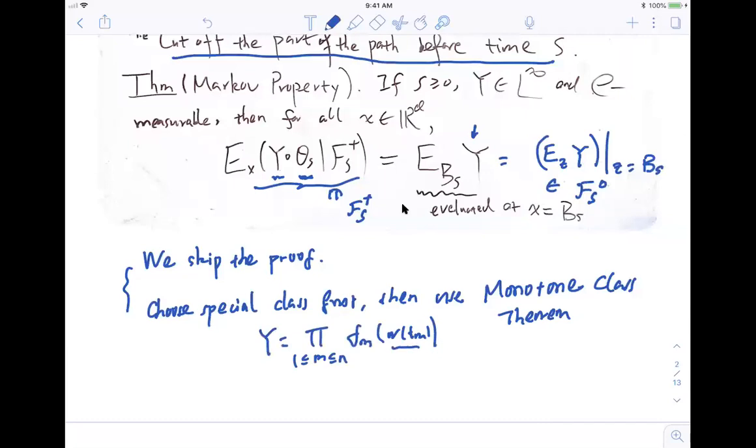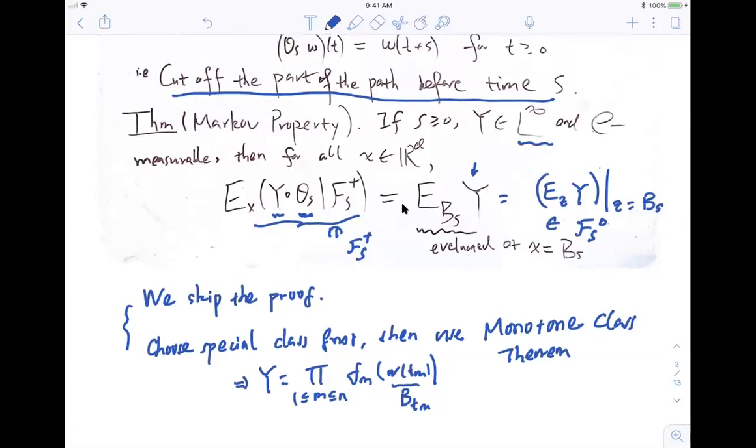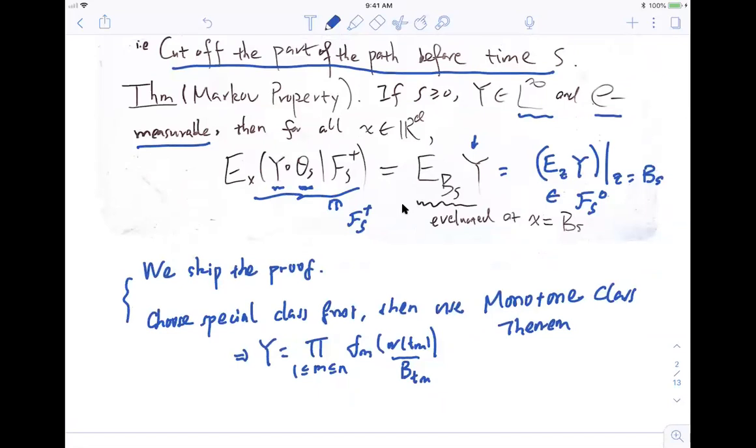So this is actually B_{t_m}, so this Y only depends on the Brownian motion at times t_m. So we can establish the property for this type of Y, and then we can use the monotone class theorem to extend this result to just bounded measurable functions. About the proof, there's a whole page on it. Probably it's not good to talk about the proof here.